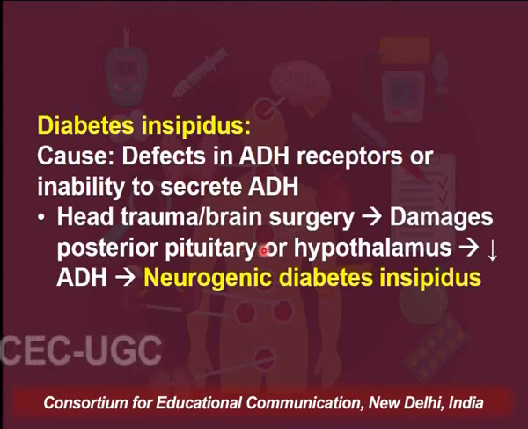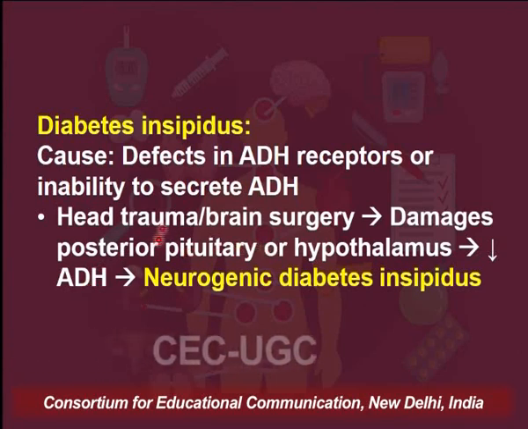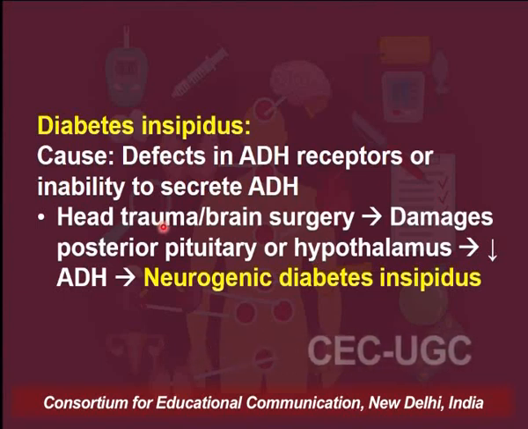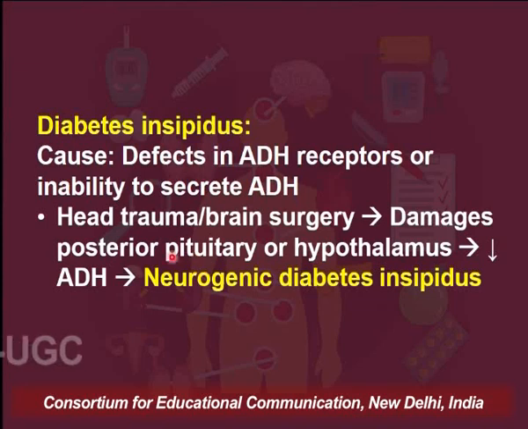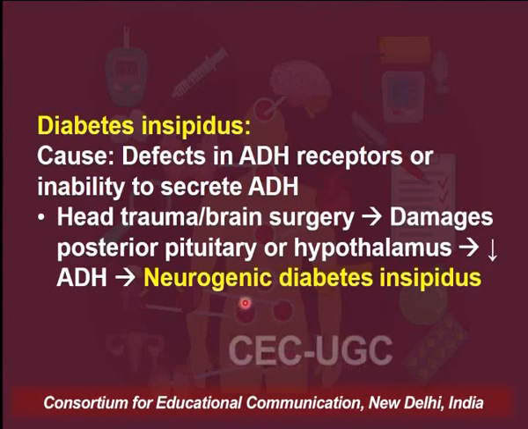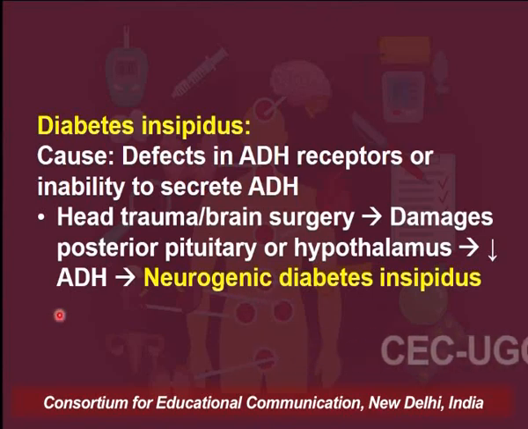Any kind of damage could be because of several reasons, including trauma to the head or any kind of brain injury during which the damage has occurred. So this leads to neurogenic diabetes insipidus, wherein you will see the deficiency of the hormone.